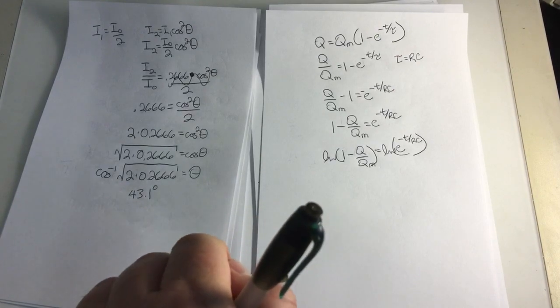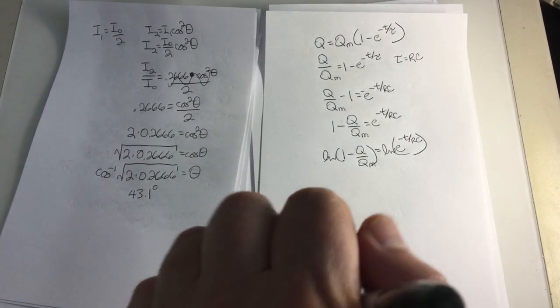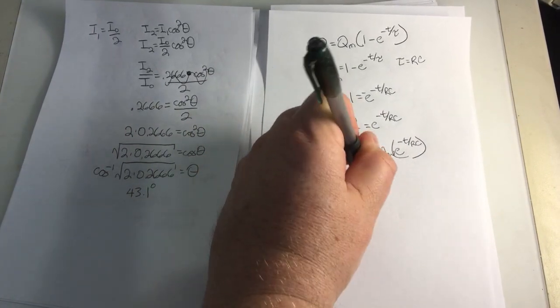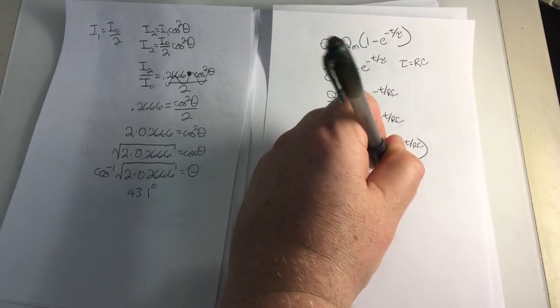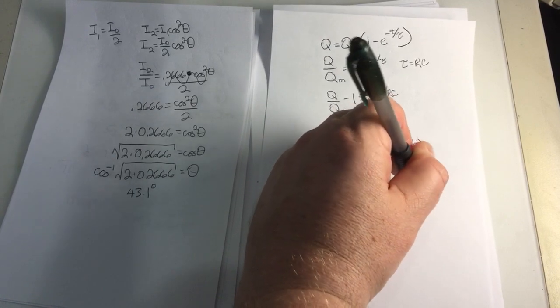And the one thing about natural logs is that they cancel exponential functions. So this becomes ln of 1 minus Q over QM equals negative t over RC.